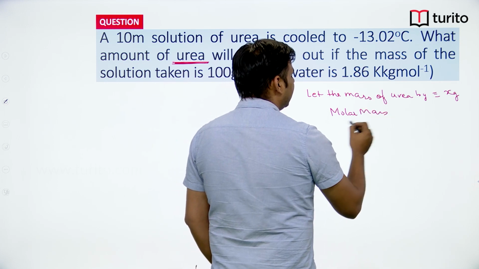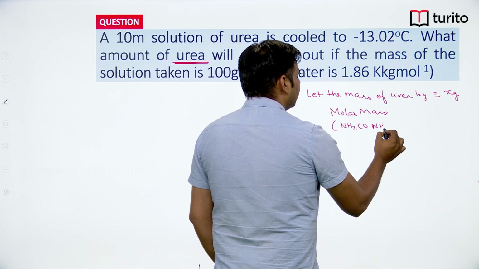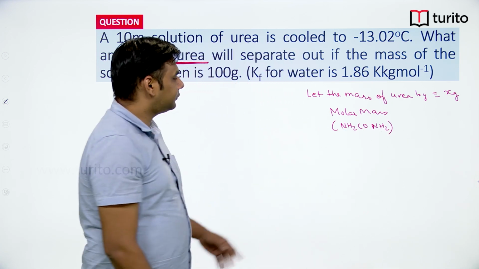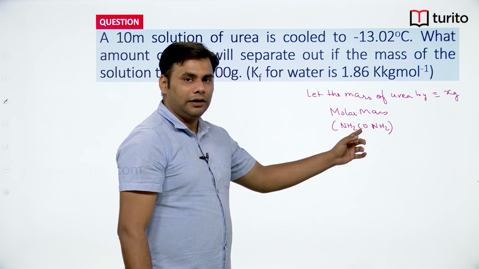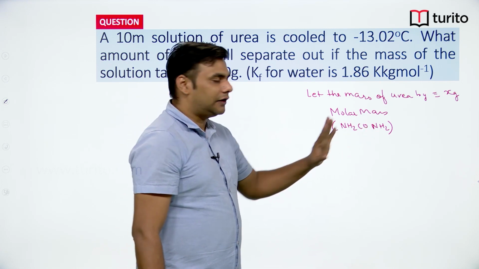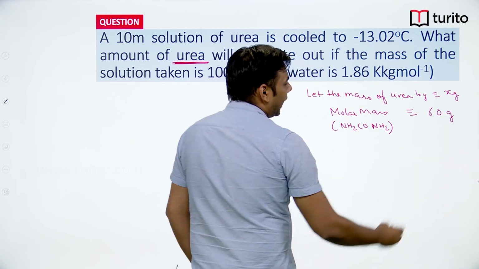We know the molar mass of urea. Urea is basically NH2CONH2, so this is 14 plus 14 is 28, 28 plus 12 is 40, plus 16 is 56, and 4 is 60. So the molar mass is 60 gram per mole.